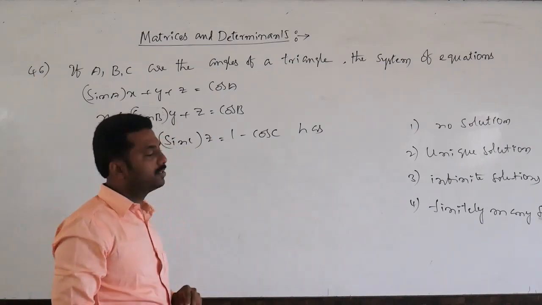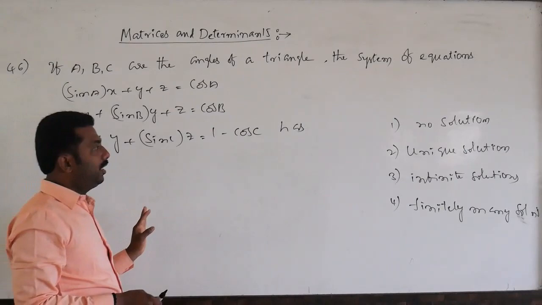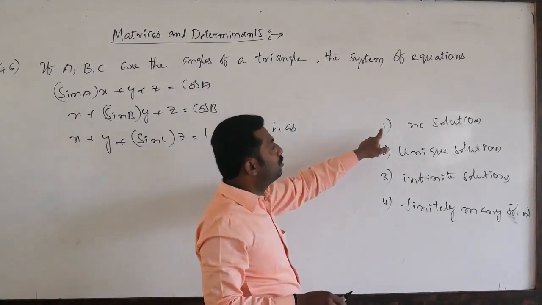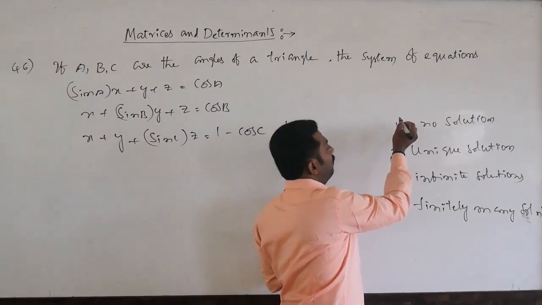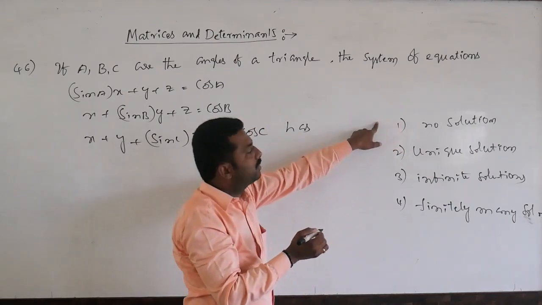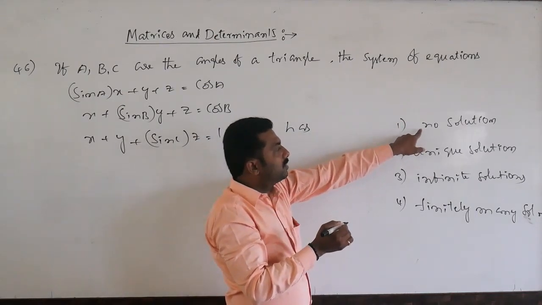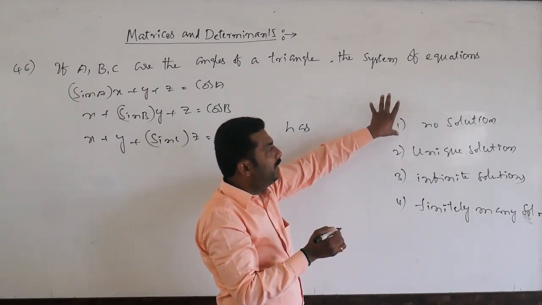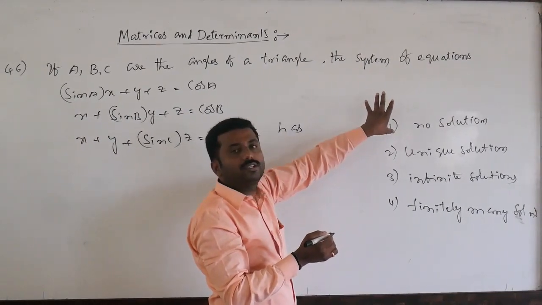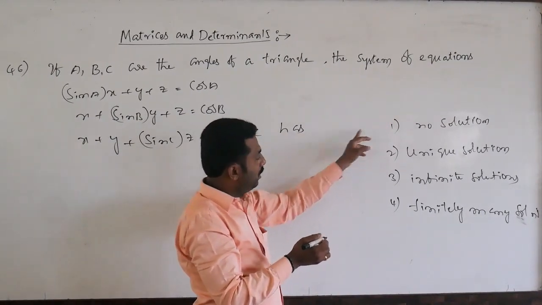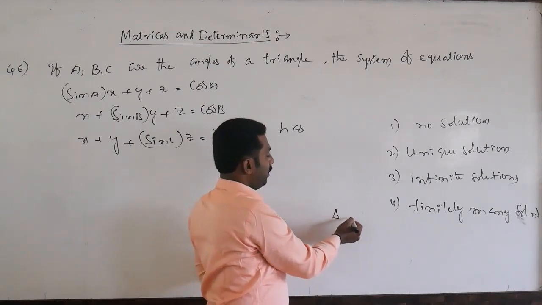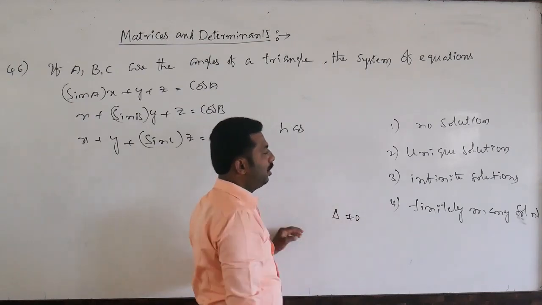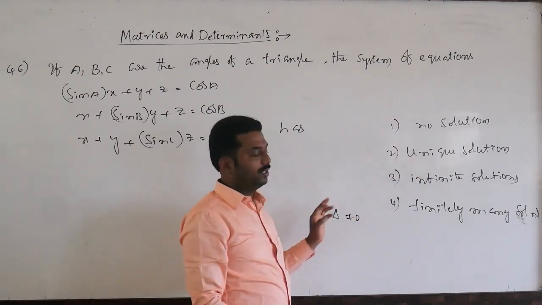So how to verify this? First, you have to discuss the concepts: how to verify whether a system of equations has a solution or no solution. First, we have to calculate delta. Suppose delta is not equal to 0, then there is a unique solution.